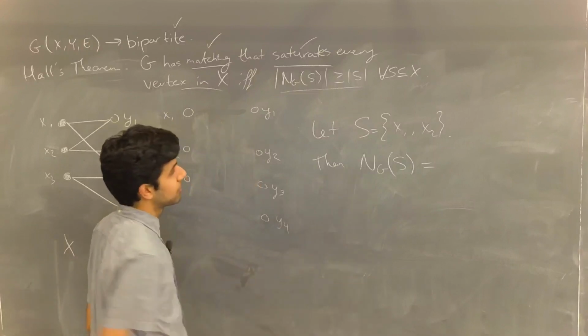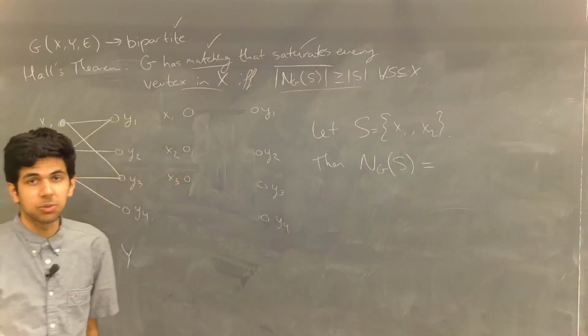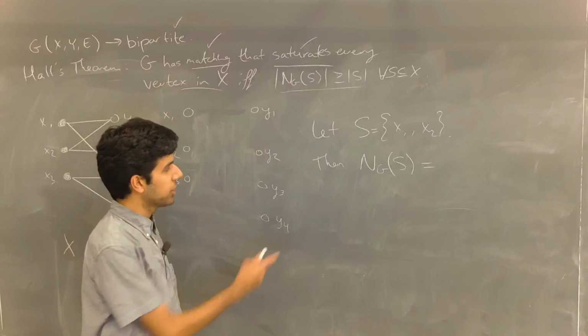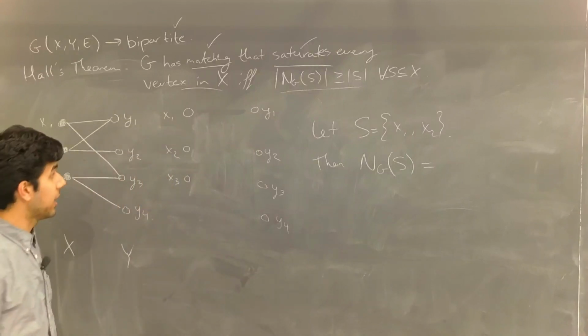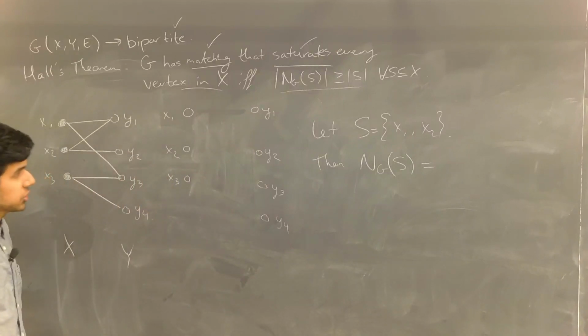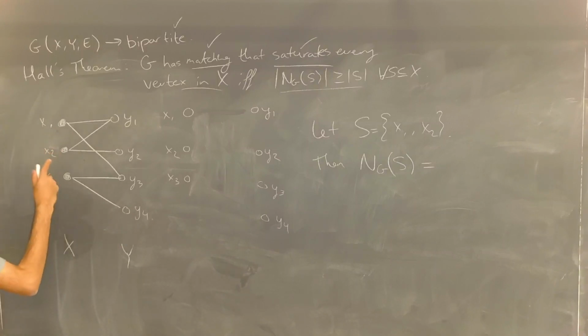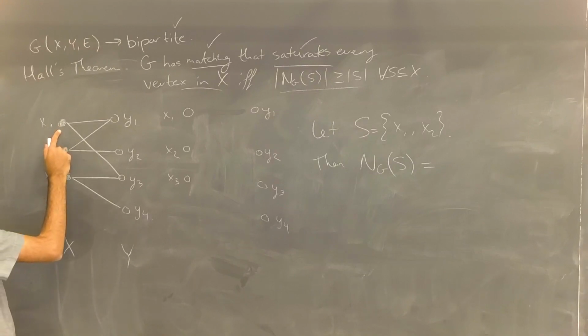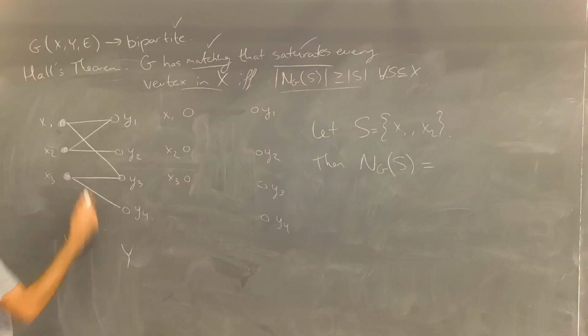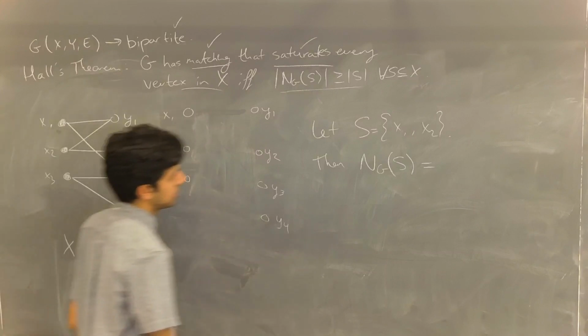So in this example, if we let S equal {x1, x2}, we want to determine what the neighbor set of S is in G. The way we do that is we take a look at our set S, consider one of the elements, say x1, and we look at what its neighbors are. y1 is a neighbor, and y3 is a neighbor.